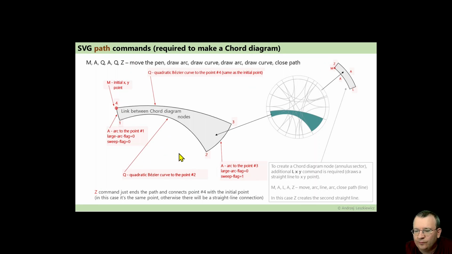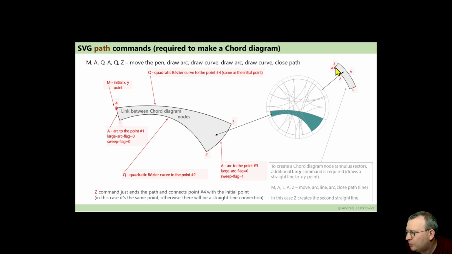But to create the same chord chart in a core visual using only SVG without Vega, we will need to create one more path instead of the Vega transformation. So to create this outer ring, or every part of this outer ring, we will need four lines: two curves and two straight lines.